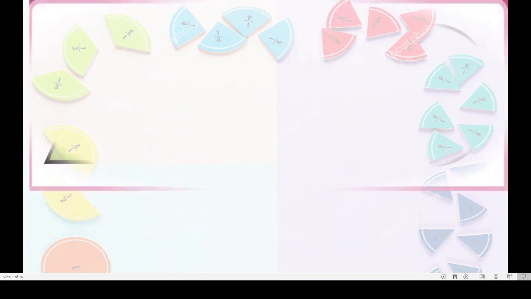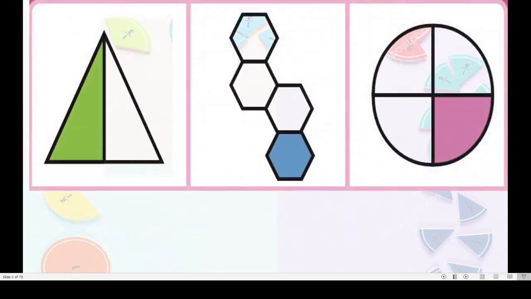Now here you can see the figures. In each figure some part is shaded, right? Now we will write the shaded part in fraction. Here the first picture is the triangle.